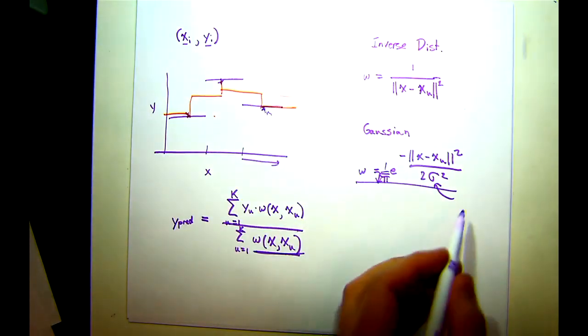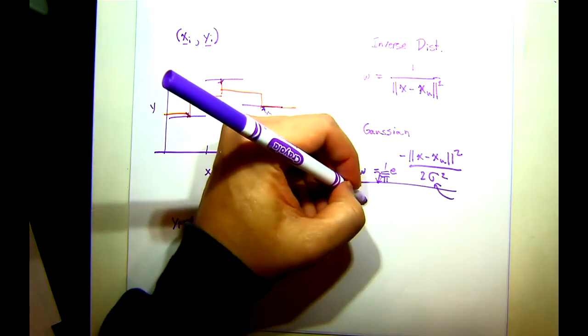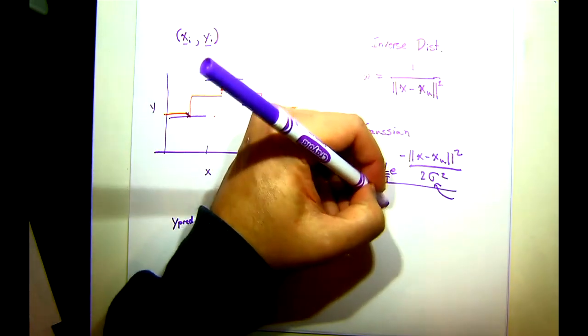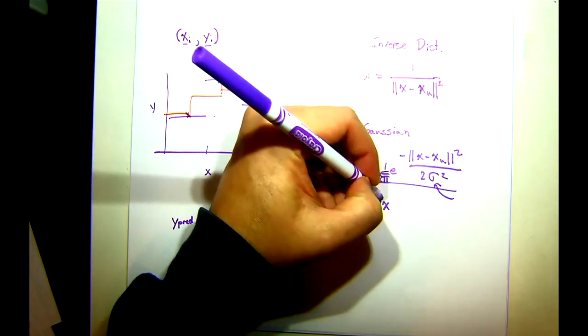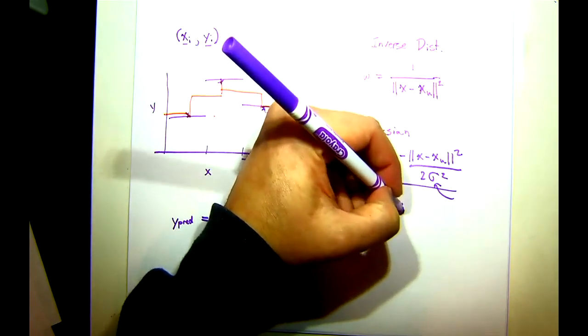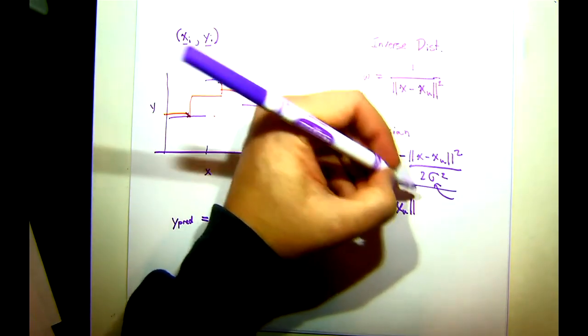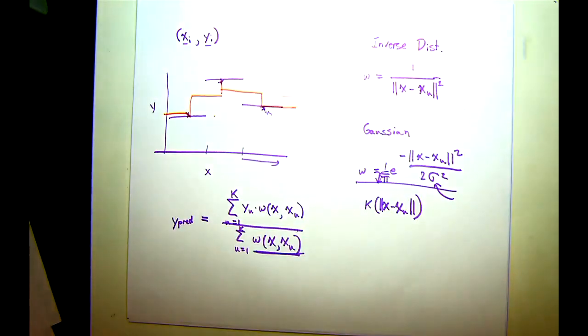But this is just the Gaussian kernel with x minus xu as the input. So kernel functions are just ways of reweighting stuff.